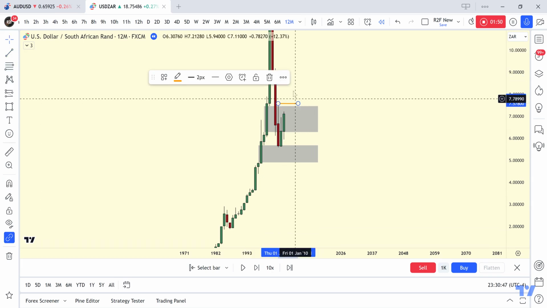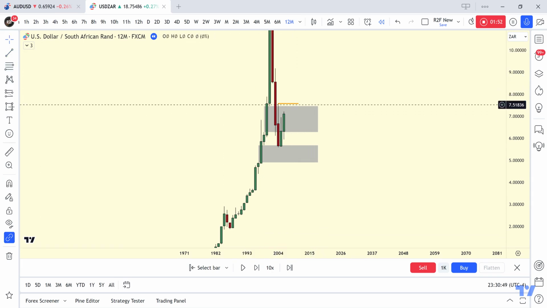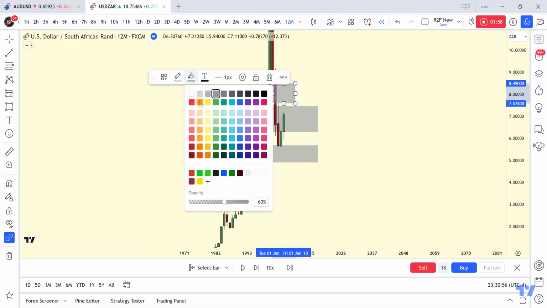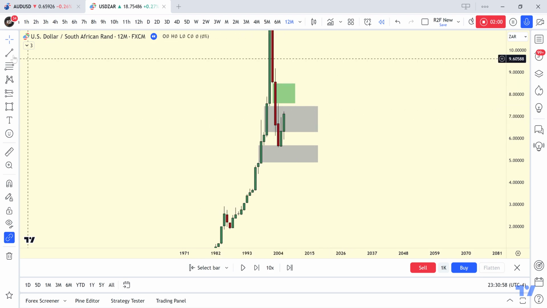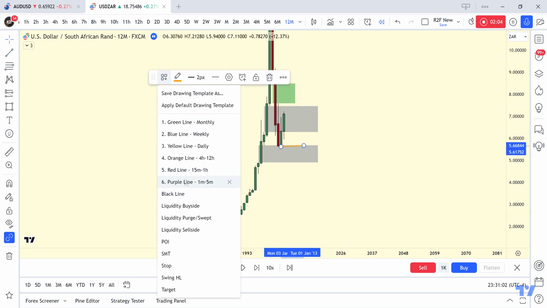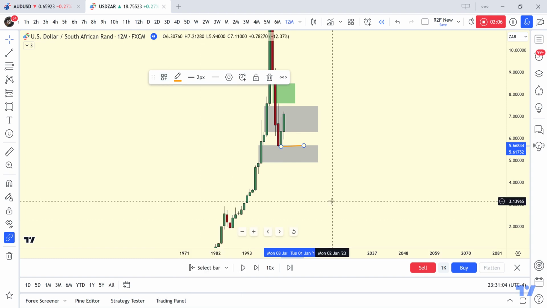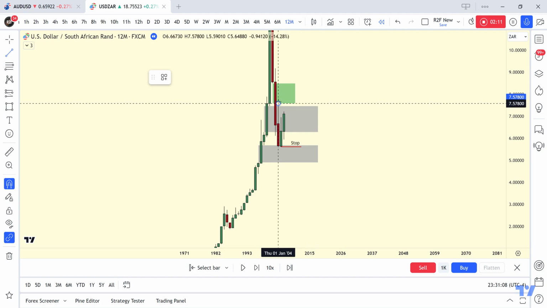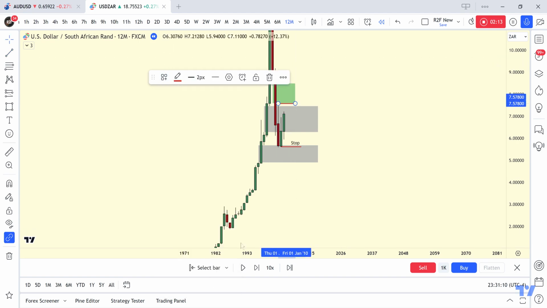Likely this gap above. So we can highlight the whole gap as our target. Okay. Stop loss 100% here for now. So we can refine it. And we can just highlight this as our target.